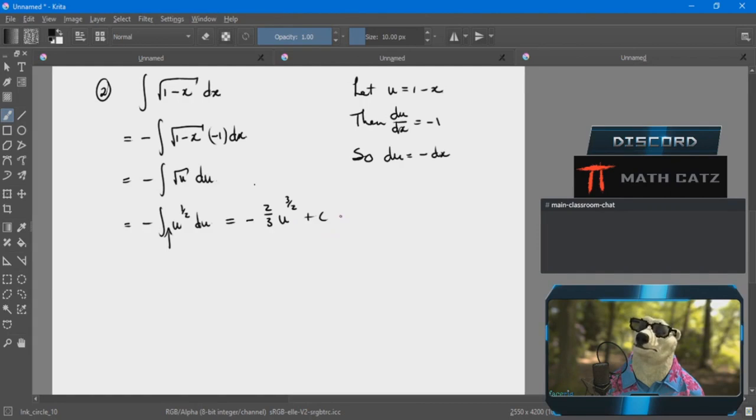Plus c. And then lastly, I need to go back to my original variable, changing nothing but swapping back what u is in terms of x. So a lot more structure that I can rely on that gives me confidence.